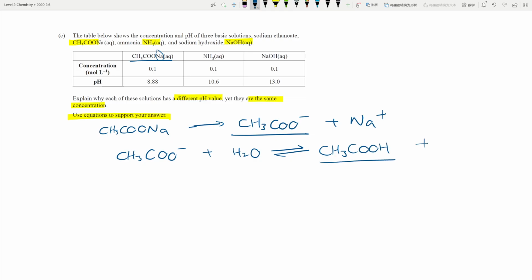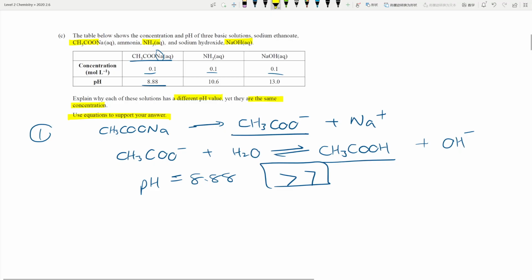Now for the first one, as you can see, the concentration is all 0.1. The pH is 8.88. So what does that mean? It is above 7. Why is it above 7?